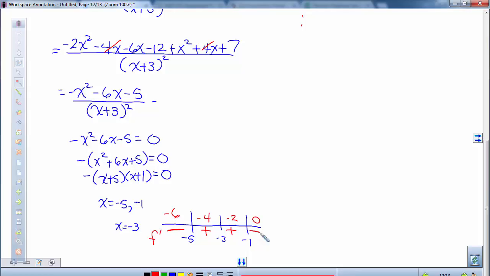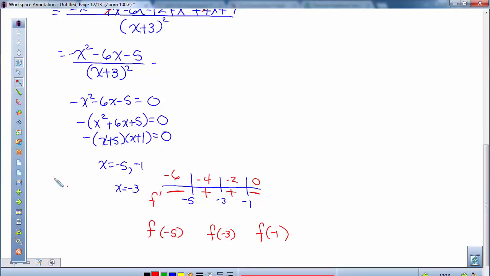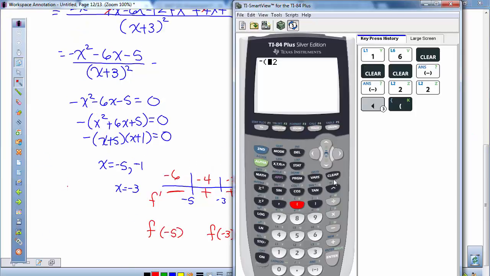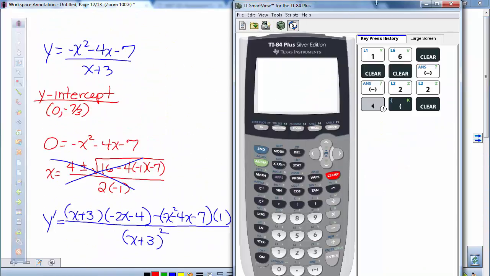Okay, let's go ahead and figure out what f of -5 is, f of -3, and f of -1. Okay, what'd you get? Anybody? Negative x squared.